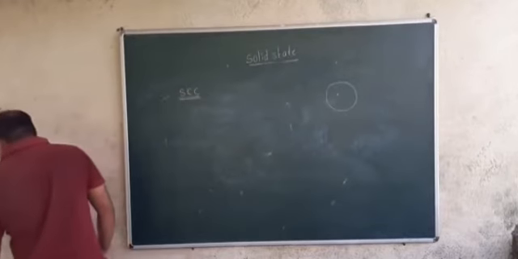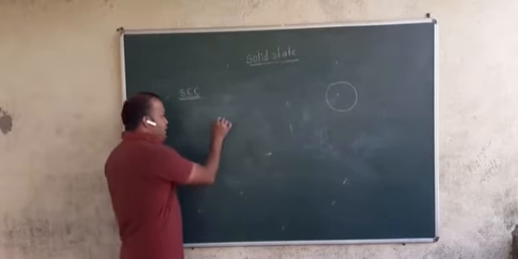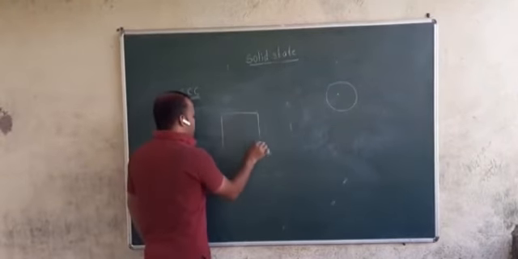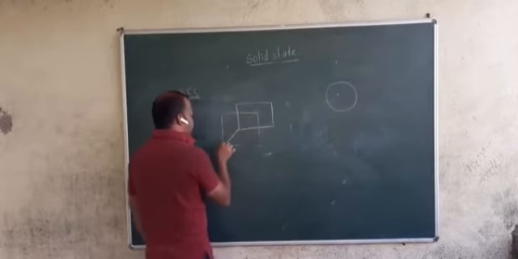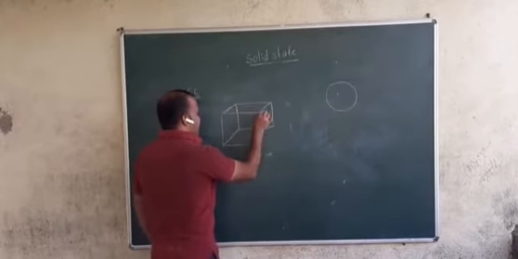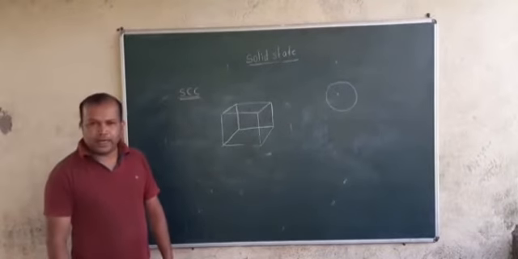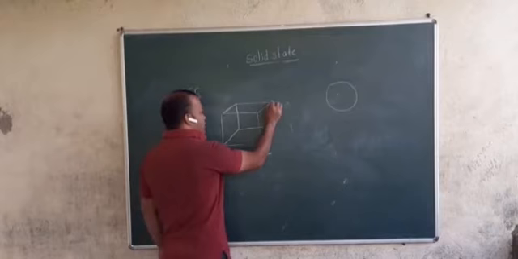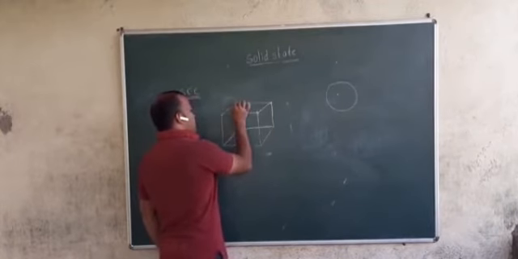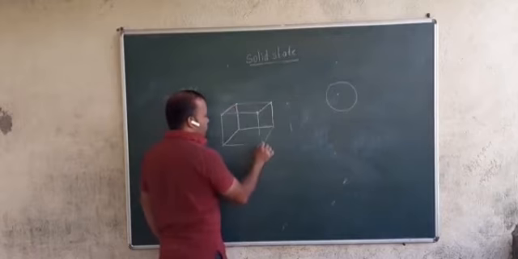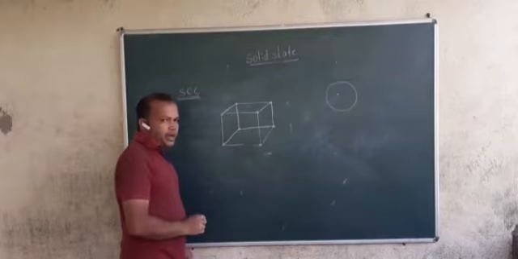Yes, the first one is SCC, simple cubic crystal. What is simple cubic crystal? Yes, if I draw a cube, the 8 constituent particles will be at 8 corners. So this is first, second, third, fourth, fifth, sixth, seventh, and eighth.